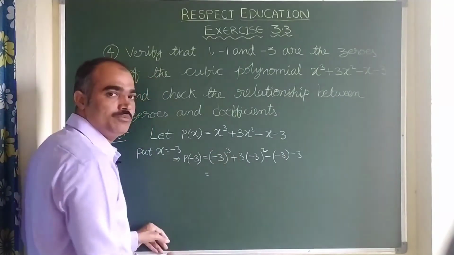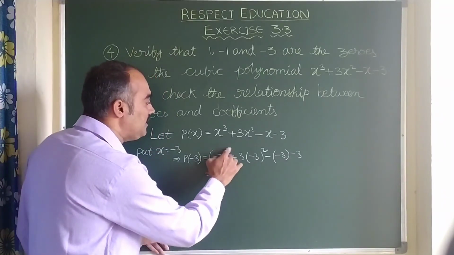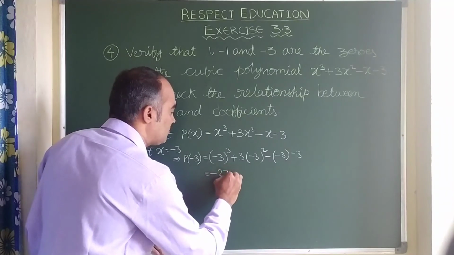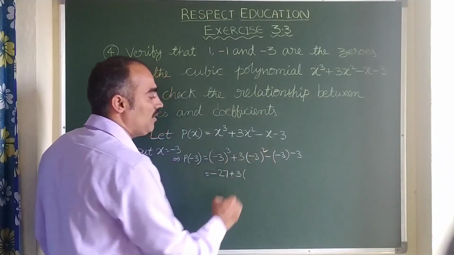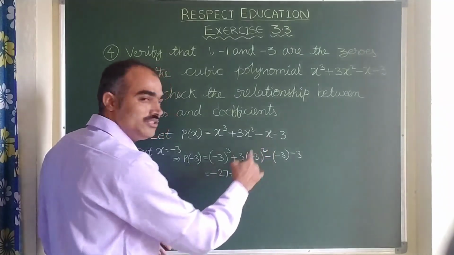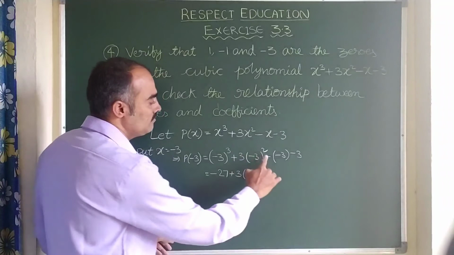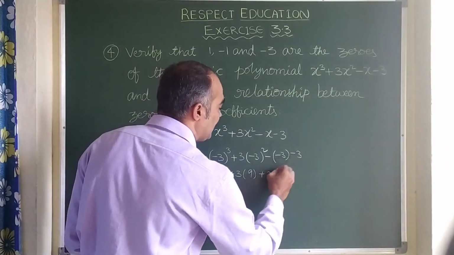Minus 3 whole cube. As it is an odd power, the minus stays. Now 3 cube: 3 threes are 9, 9 threes are 27. So it is minus 27, plus 3 into, here this is an even power, so the negative becomes positive, 3 square, 3 square is 3 into 3, 9, minus into minus is plus, so here plus 3, again minus 3.